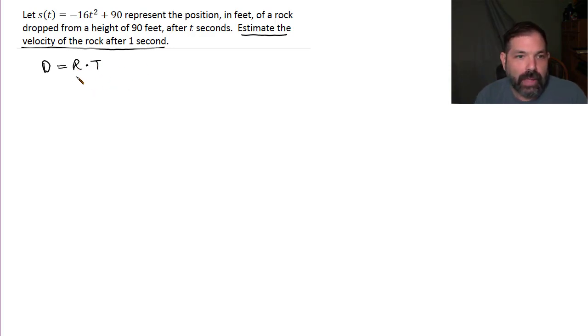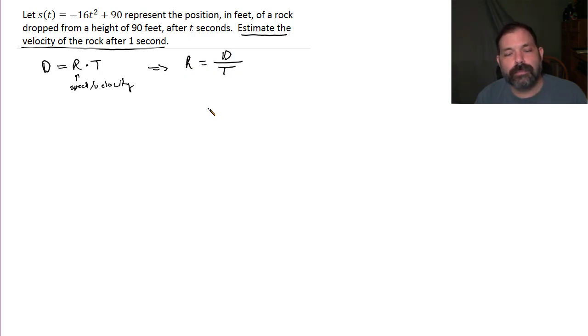Rate, that's the speed, the velocity. So if I divide through appropriately, then r is distance over time. This is what we knew if we had a constant velocity.